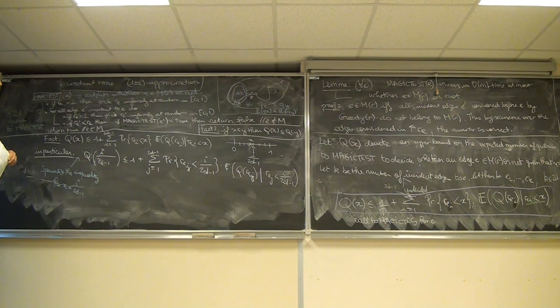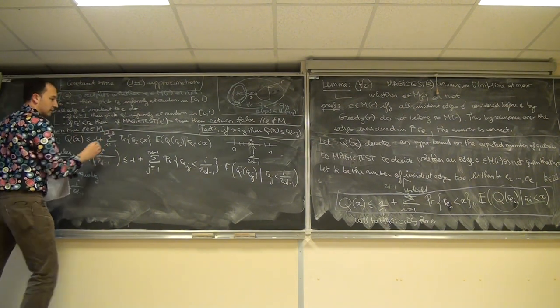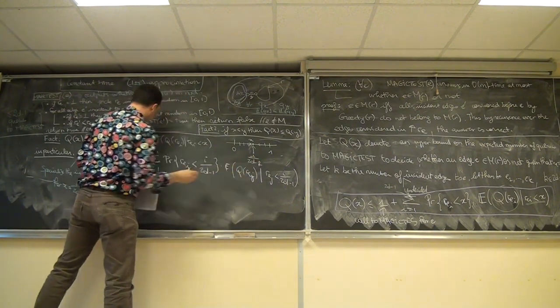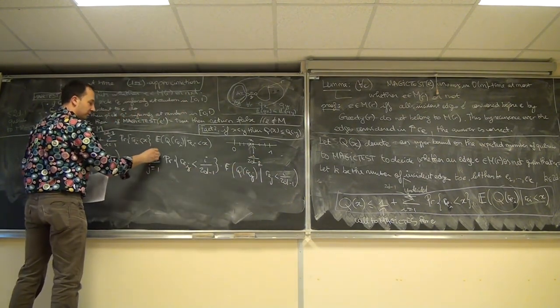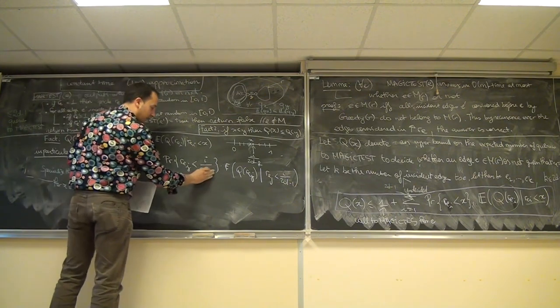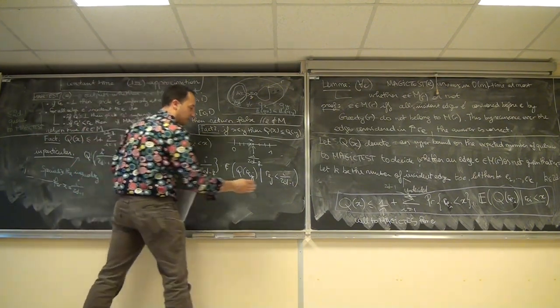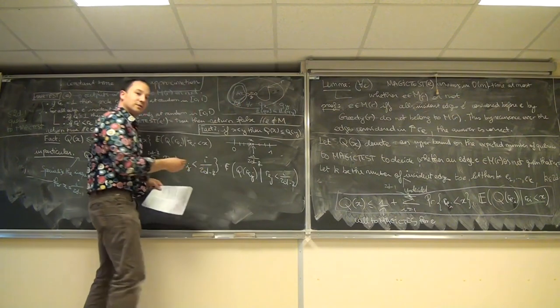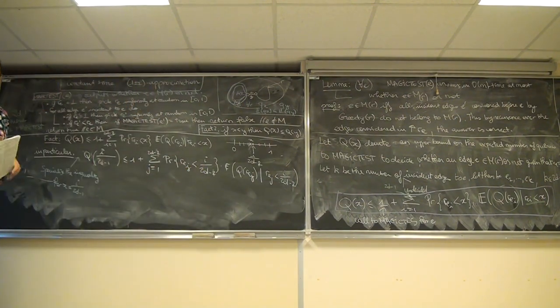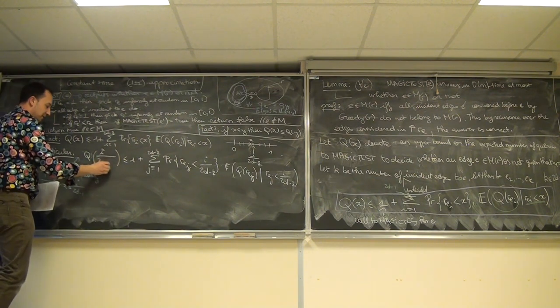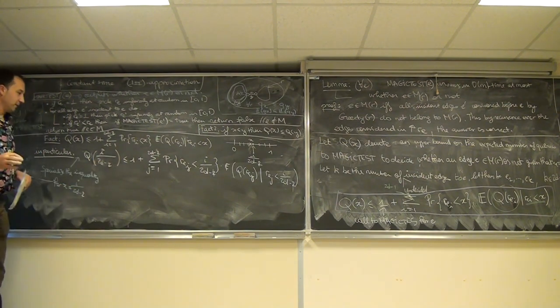What? 2? Yes, you're right, 2d minus 2. Yeah. Okay. So we don't care so much about this constant. It could be big O of d, I don't care. But you're right, it's 2d minus 2. But it's even truer with 2d minus 1. Okay, that's right. So let's specialize it for that.